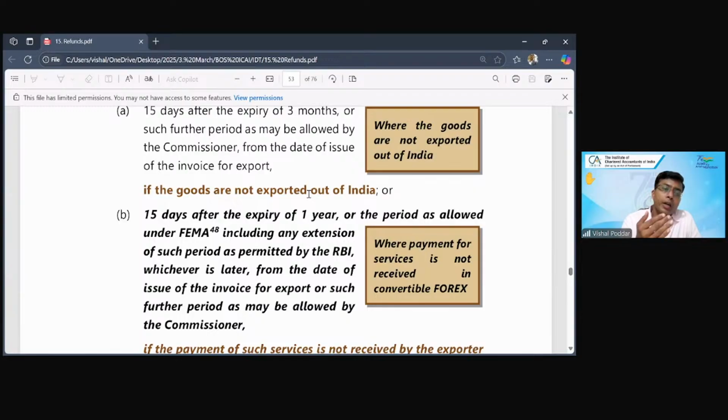The goods may be kept at the Bombay port till the ship on which the goods have to be loaded and sent outside comes, and then the loading will start, then the ship will leave, and finally the export will happen. Now this may take some time.